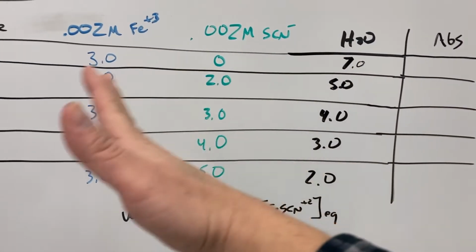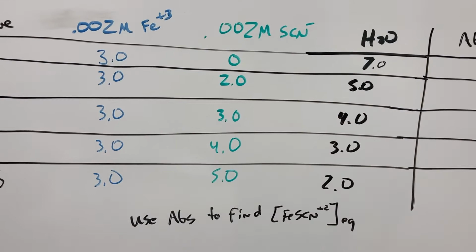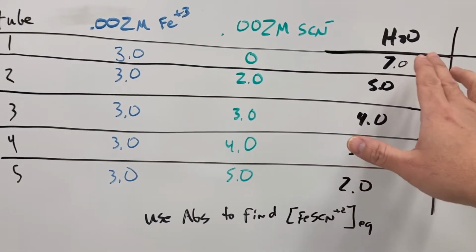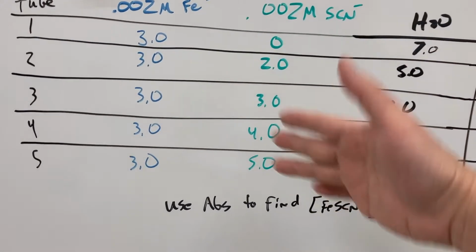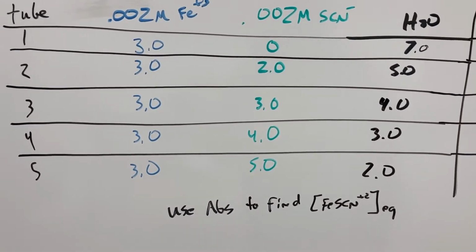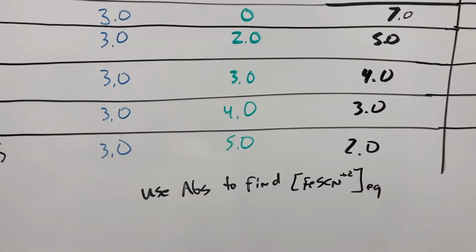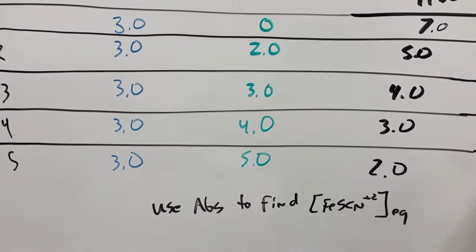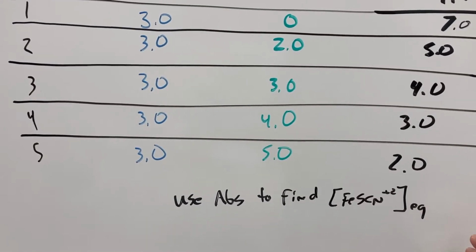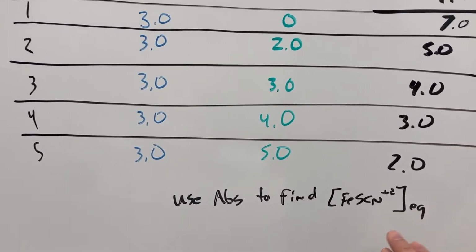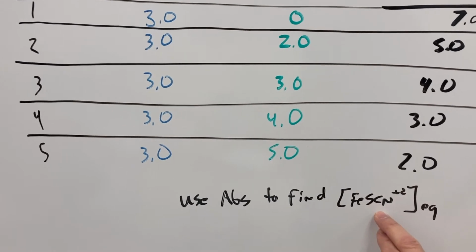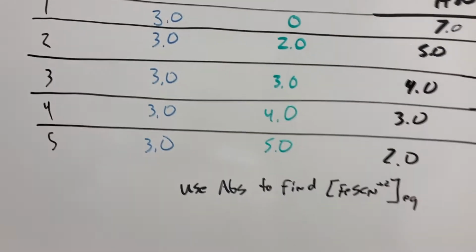Now, the total volume is controlled at 10 milliliters, which is why for water, the corresponding amount of water represents whatever is needed to make a total volume of 10. Again, once we have the absorbances, that will enable us to find the concentration of FeSCN.